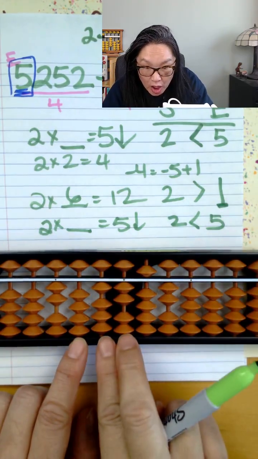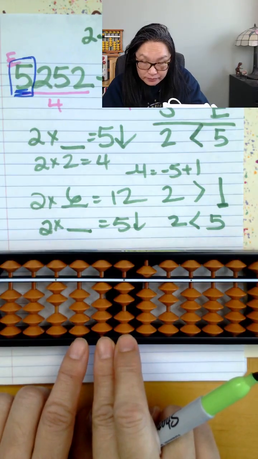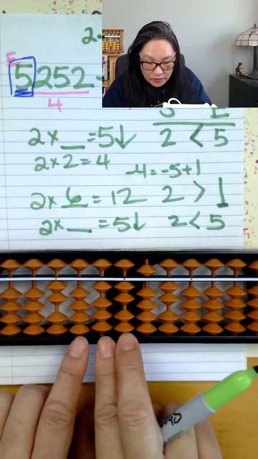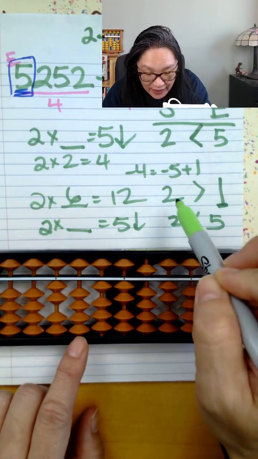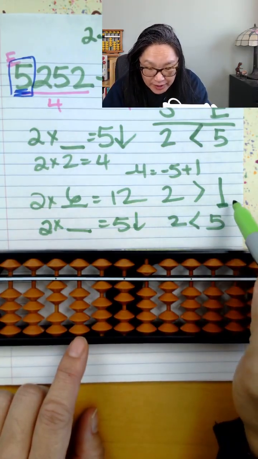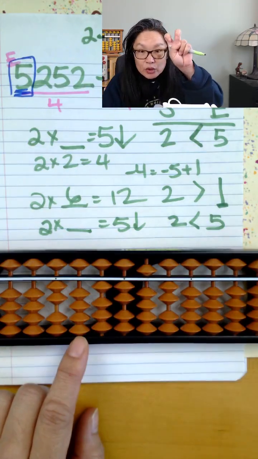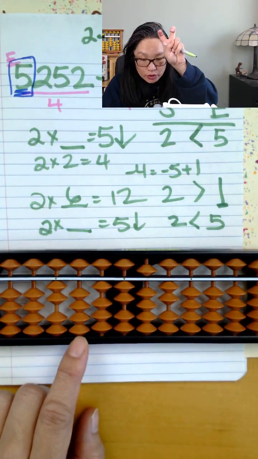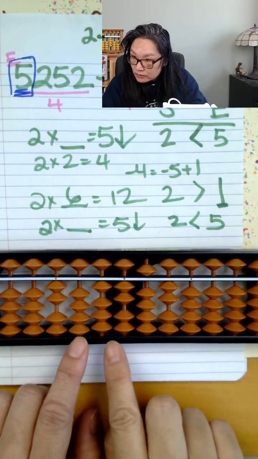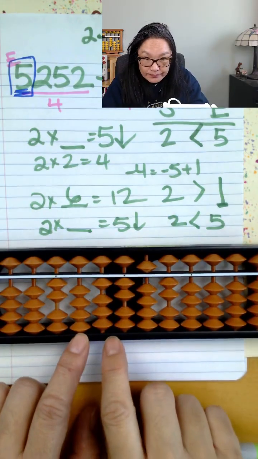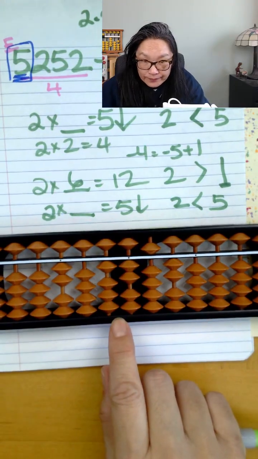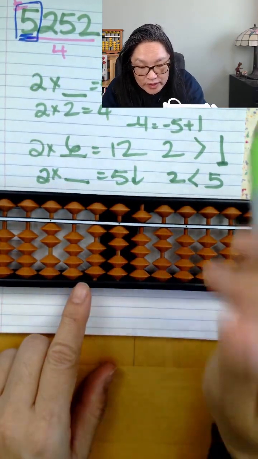I take 2 columns. That's the only reason why it's 12, because my divisor is bigger. I use 2 columns. Make sense? The only reason why is there's 2 columns.